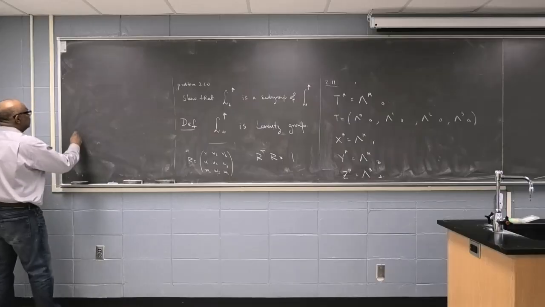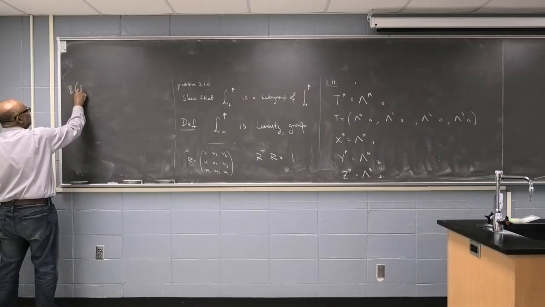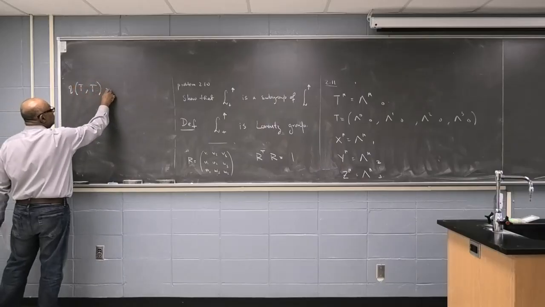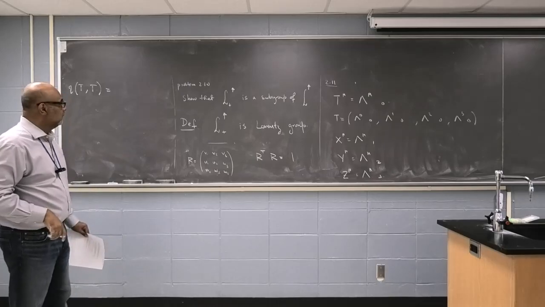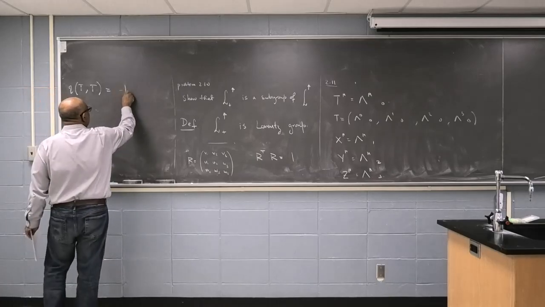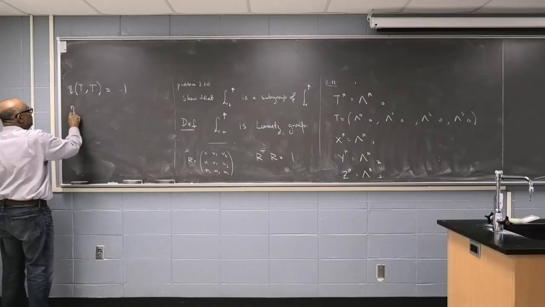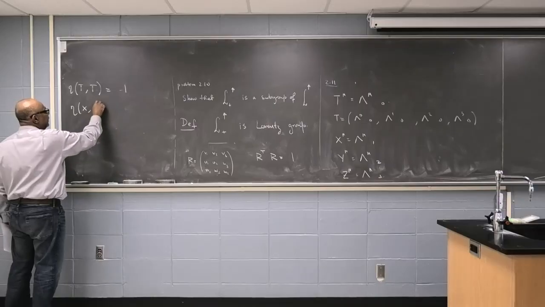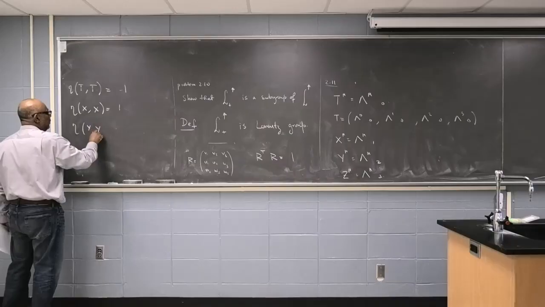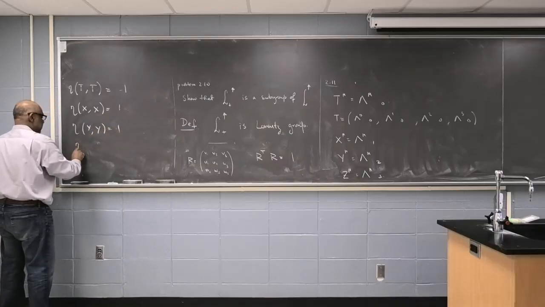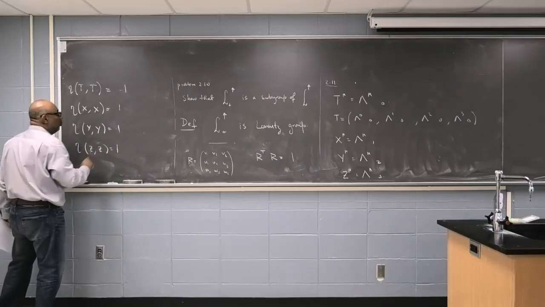What I mean is, you will find that if I do T, T, I will get minus 1. If I do X, X, I would get 1. Y, I would get 1. Z, I would get 1.